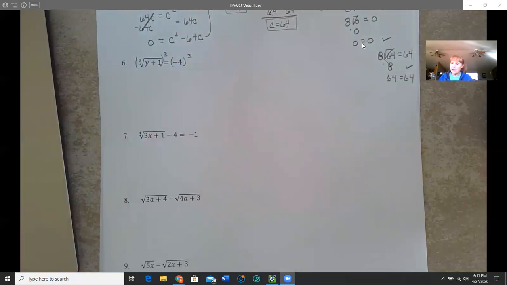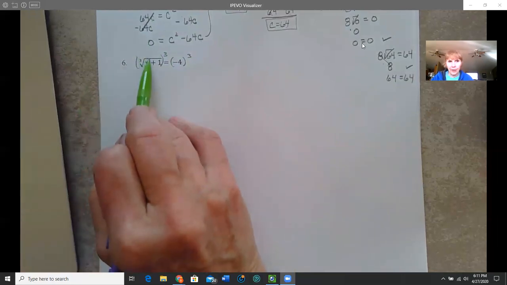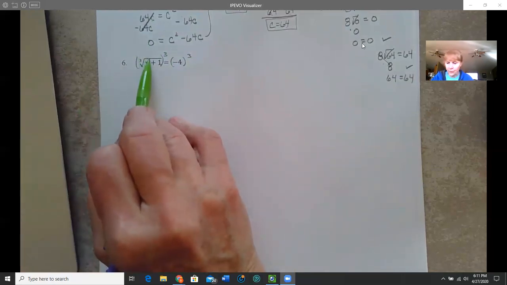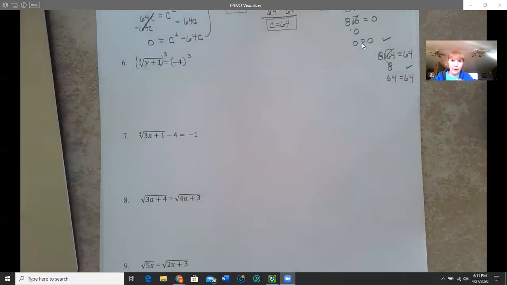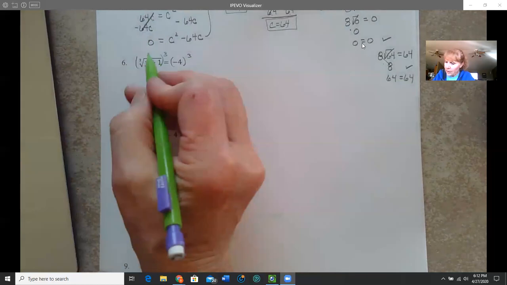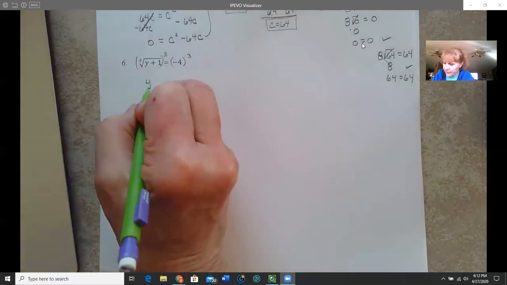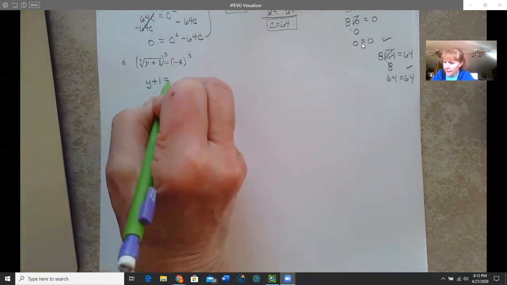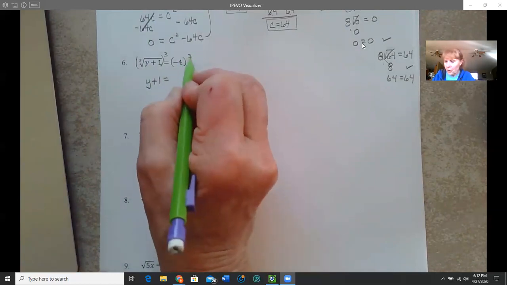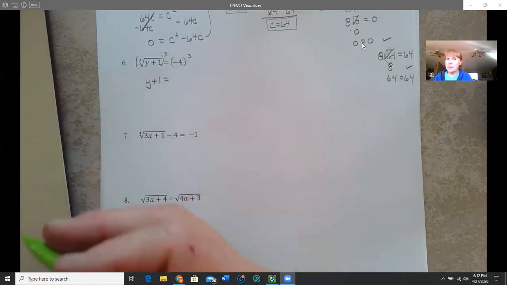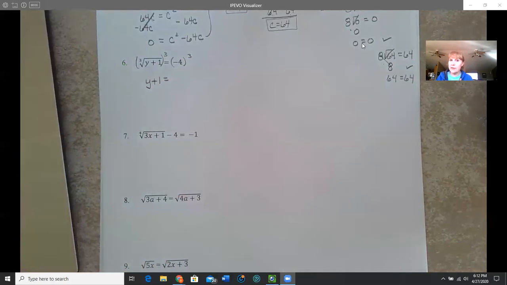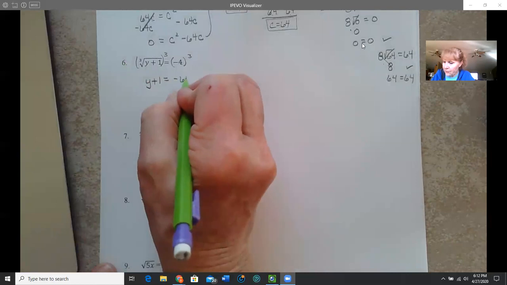Really for the same reason, this is a power of 1/3. A power of 1/3 times 3 is 1. So we cube both sides to get rid of the cube root. It cancels out and you end up with a 1 power. So we're left with y plus 1 equaling -4 cubed is a -4 times a -4, which is a +16, times a -4 is a -64.